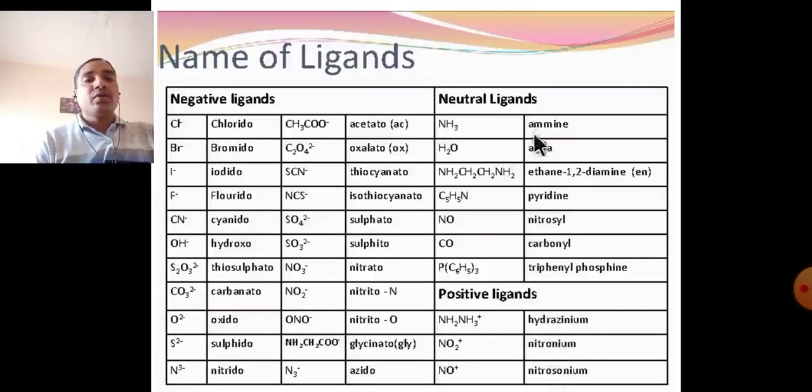For neutral ligands, ammonia is named ammine, water is named aqua, and others include ethylenediamine, pyridine, nitroso and carbonyl. The common name is carbon monoxide, but in IUPAC nomenclature for a neutral ligand it is carbonyl.